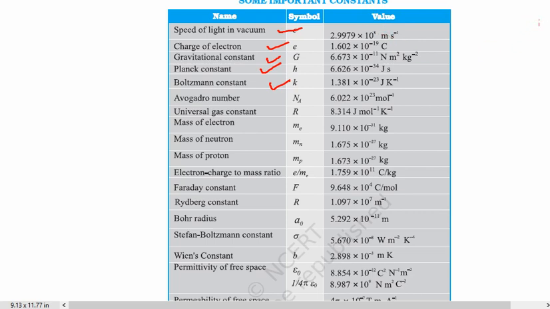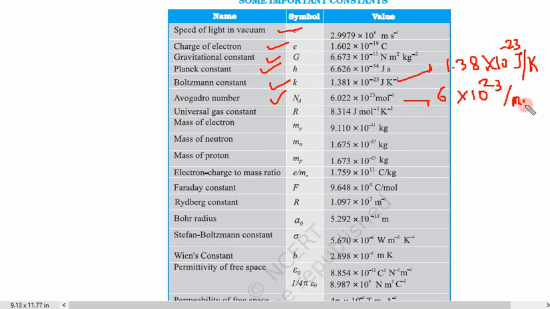Next is the Boltzmann constant: 1.38 into 10 to power minus 23 joule per Kelvin. Avogadro number, let us write this simply: 6 into 10 to power 23 per mole, or mole inverse.